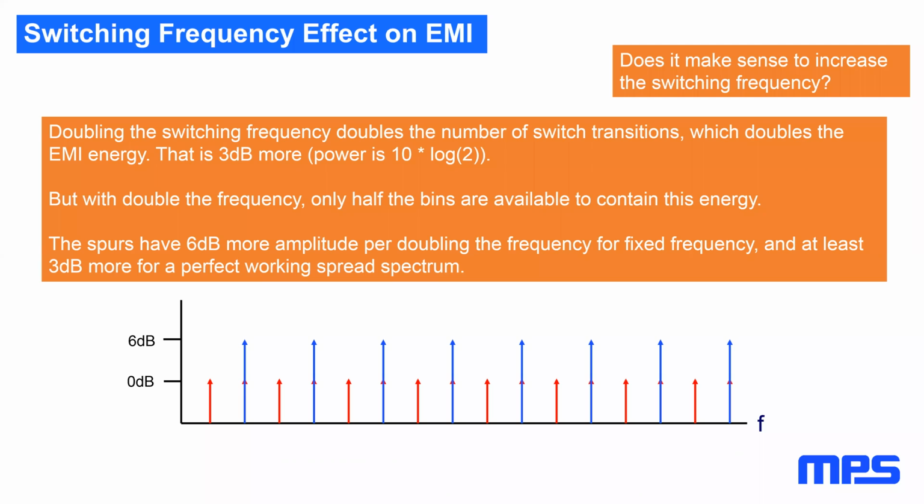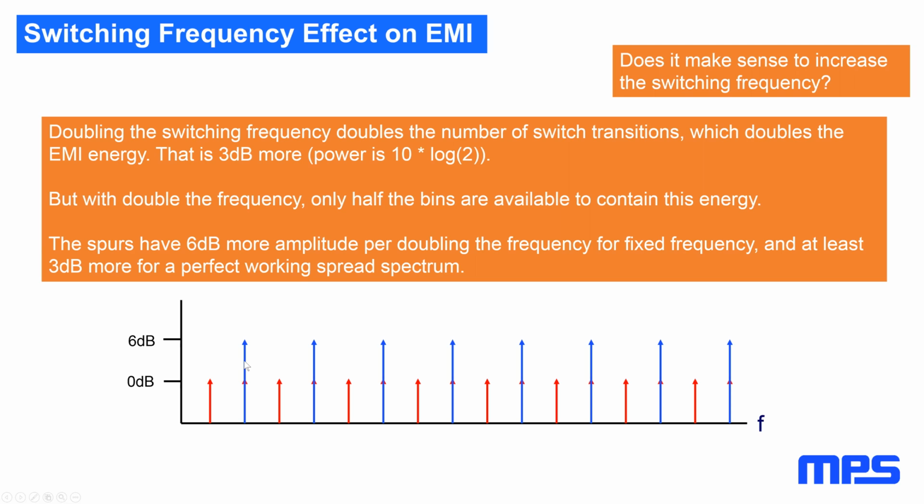So you can easily assume that doubling the switching frequency will double the EMI energy. Doubled EMI energy is 3 dB more because we are in a power area. So with double the power, we get 3 dB more. You can see that with doubling the switching frequency, you only make your EMI 3 dB worse.